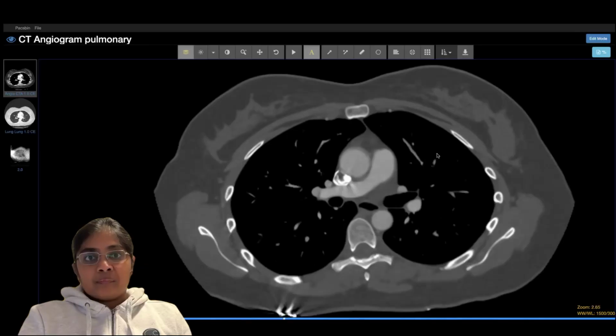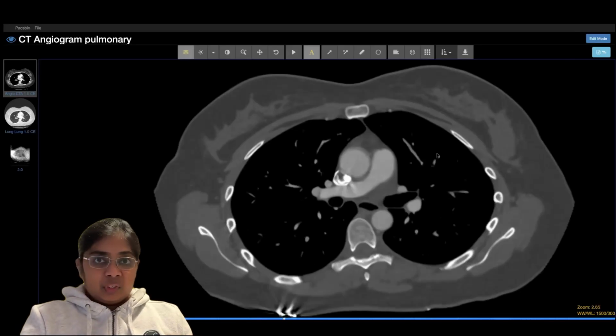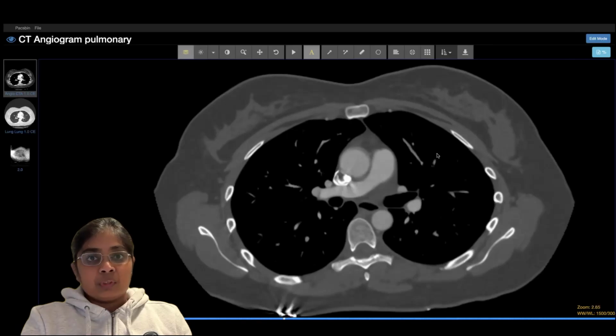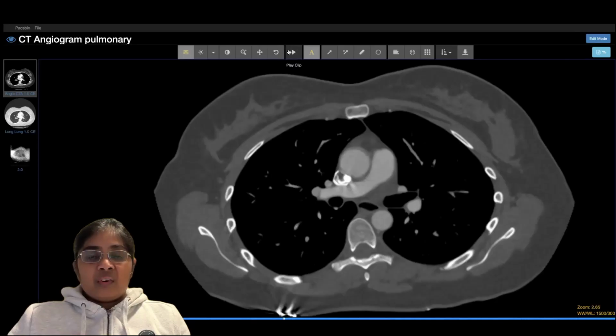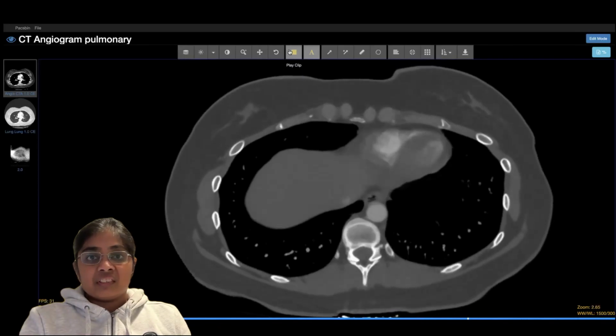I'm using PACS here, which doesn't really allow me to reconstruct in the different planes, but on a standard PACS unit, you'll be able to reconstruct the images into the coronal and sagittal sections. For the bones in particular, it's helpful to look at the spine in the sagittal plane.